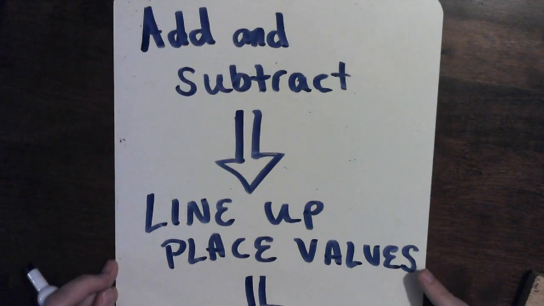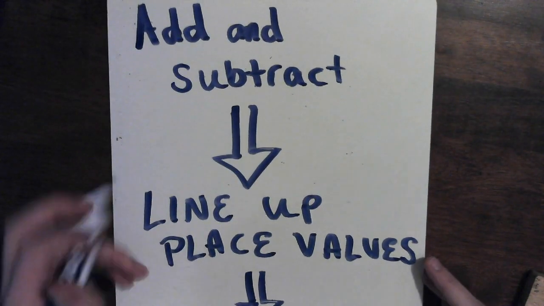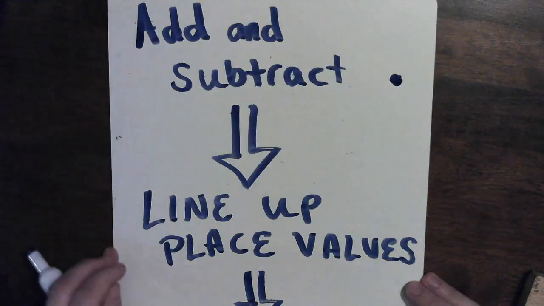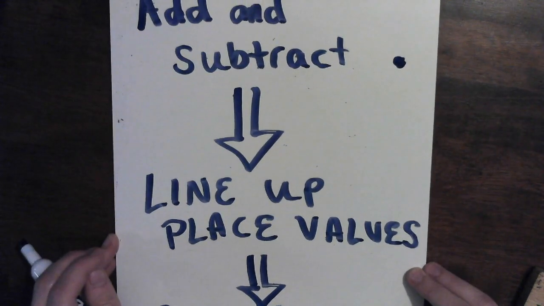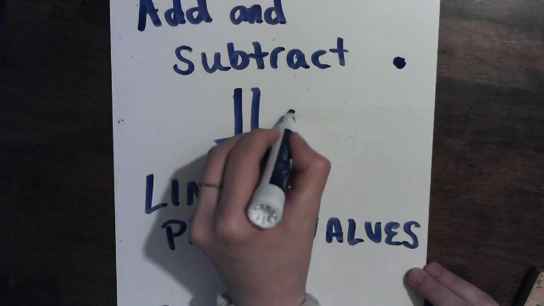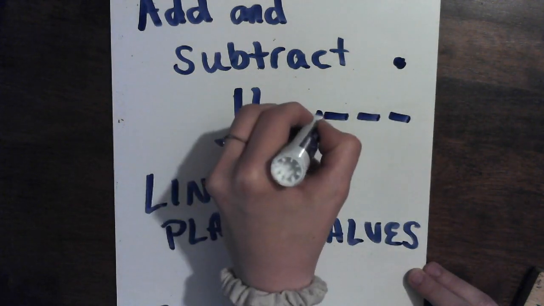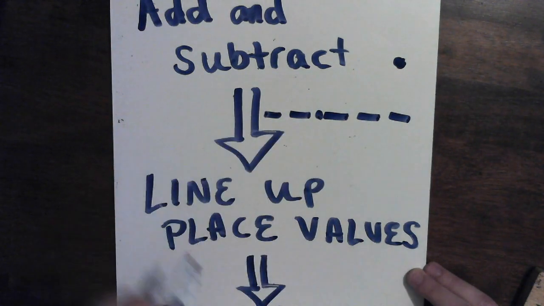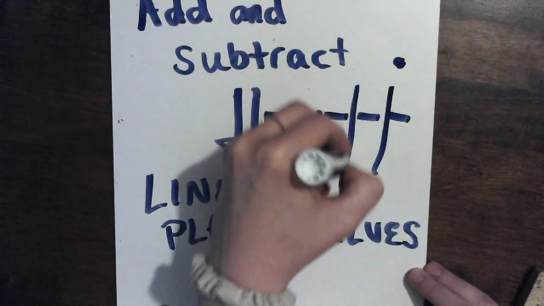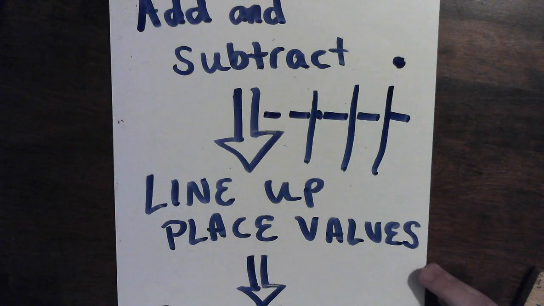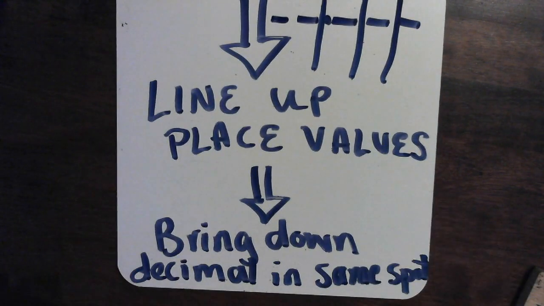Now, adding and subtracting decimals is pretty easy. In order to add and subtract decimals, you have to line up the place values. So think about your ones, your tenths, your hundredths, your thousandths, and your place values going this way. You have to line them up. Then you bring down your decimal in the same spot.